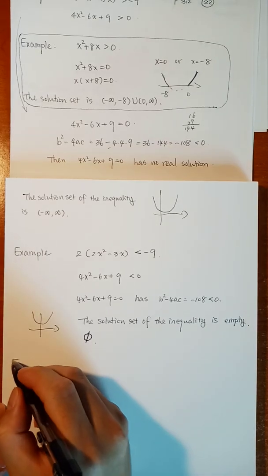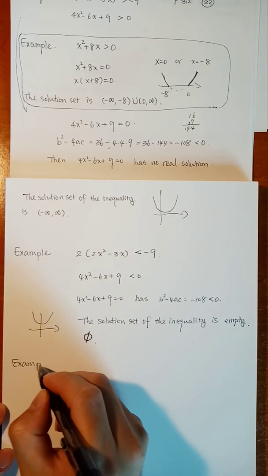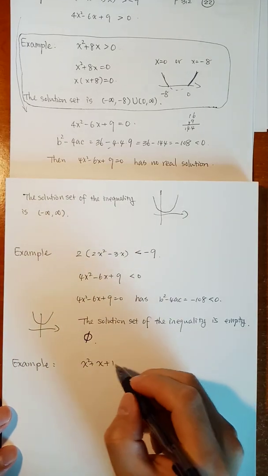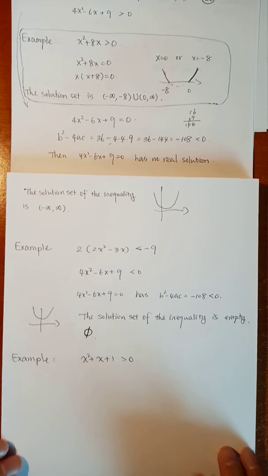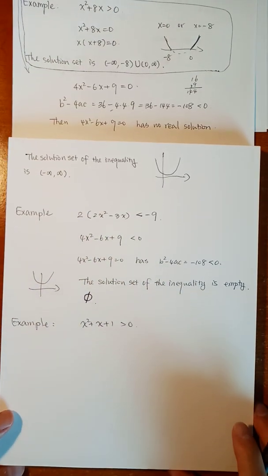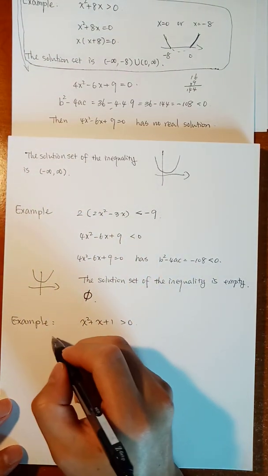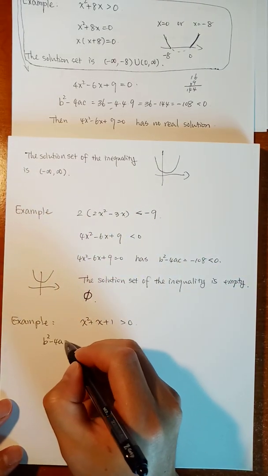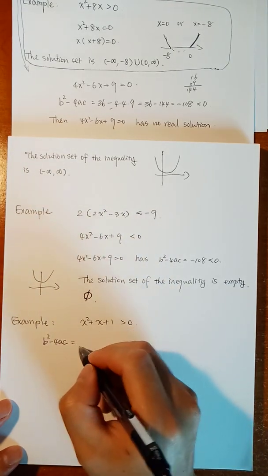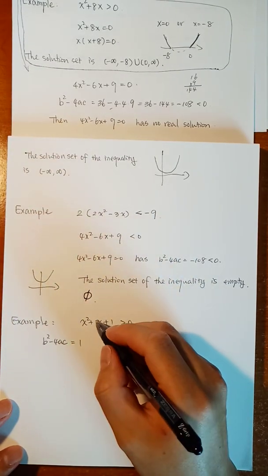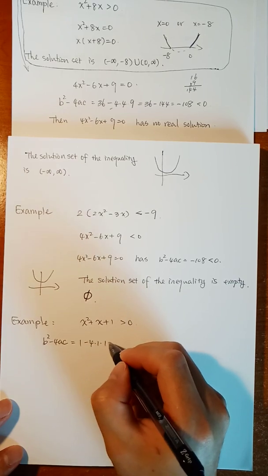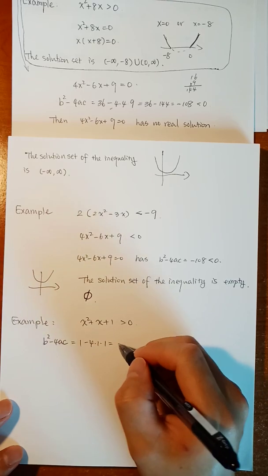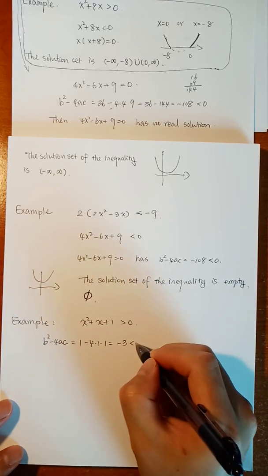Let's see another example. For example, if we're looking for the solution set of this inequality, we check b squared minus 4ac. b is 1, so b squared is still 1, minus 4 times 1 times 1, which is 4. 1 minus 4 is negative 3, less than 0.